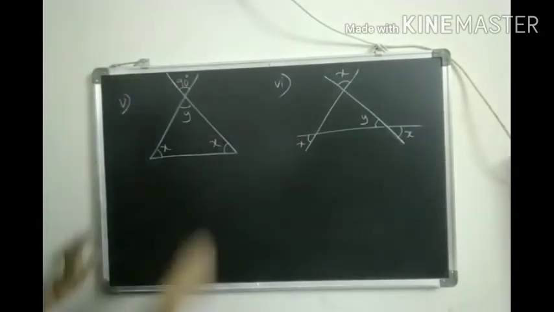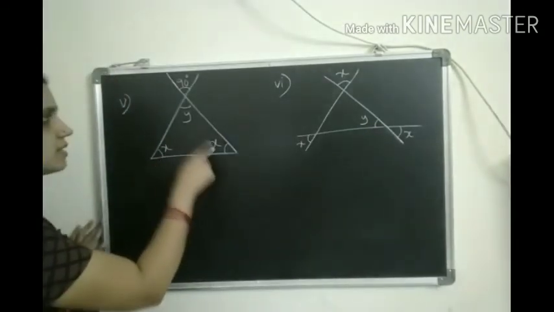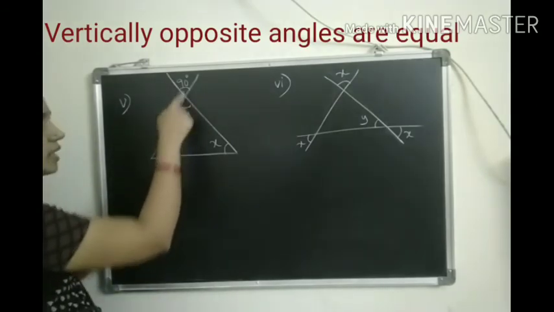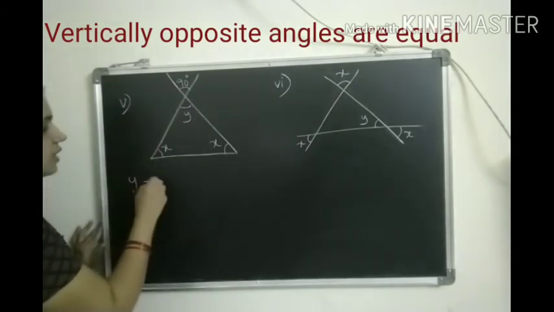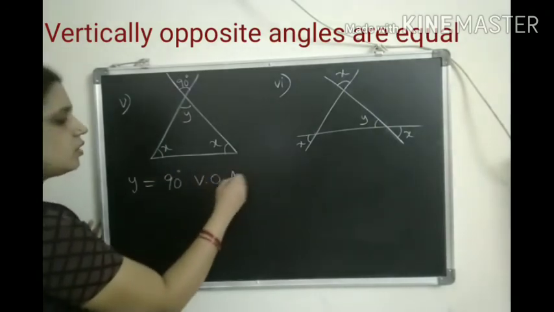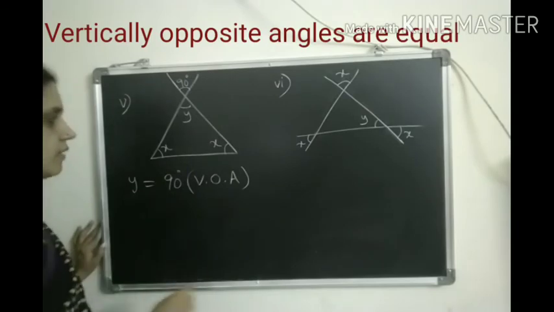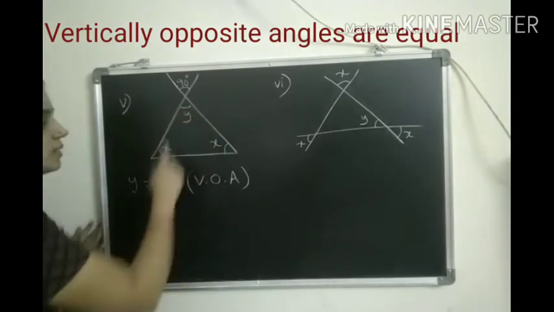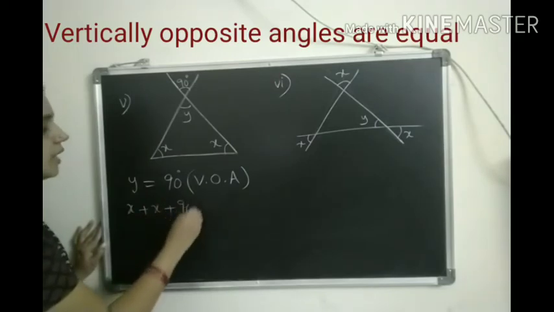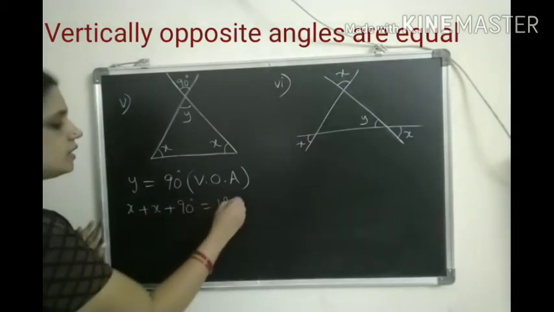Next sum. Here in this figure x, y, and 90 degrees are given. Here again these two are vertically opposite angles. So definitely y equal to 90 degrees. Immediately we can write vertically opposite angles are equal. And now we can use angle sum property. x plus x plus 90 equal to 180.